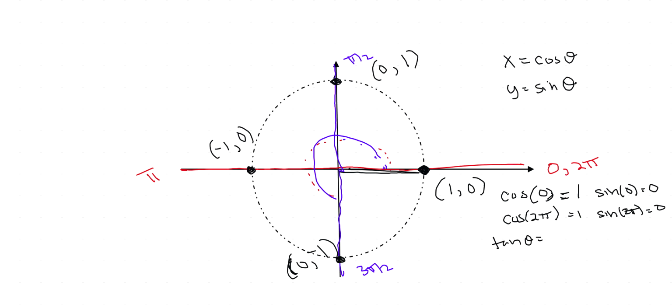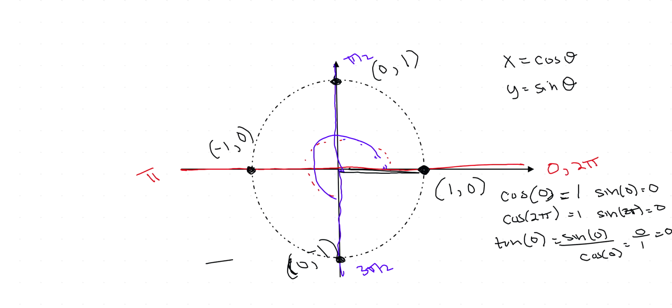So tan of 0 is sine of 0 over cosine of 0, so that is just going to be 0 over 1, which is 0. I can do secant, cosecant, and cotan by flipping. So I'll go through those on the next page, actually.